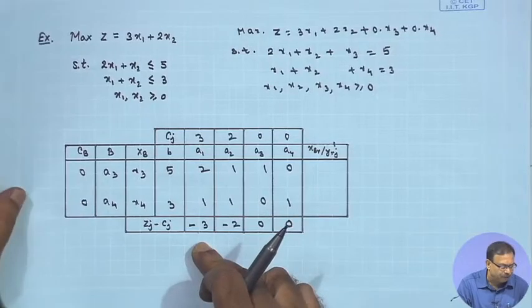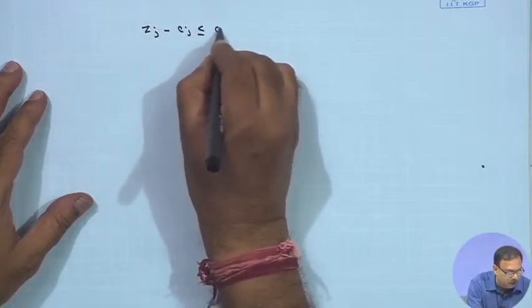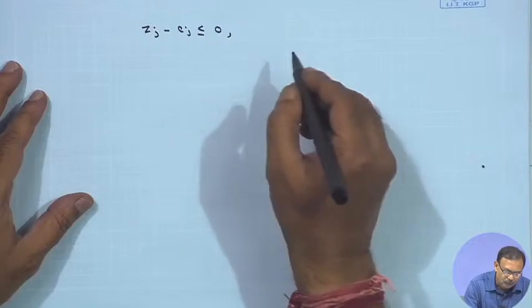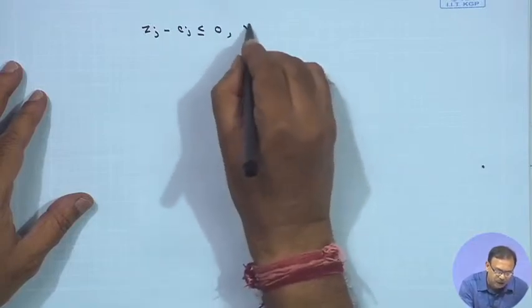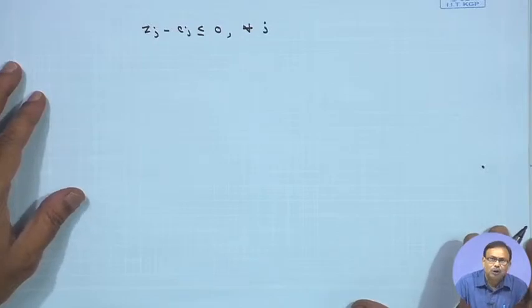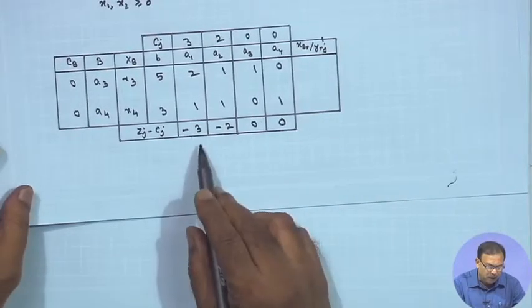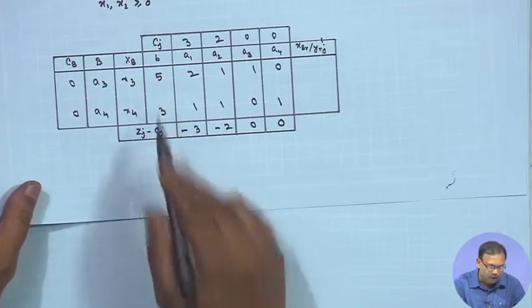So, what I am doing first is writing z j minus c j less than equals 0 for all j. So, in general your conclusion is that the solution is neither optimal nor feasible from here.